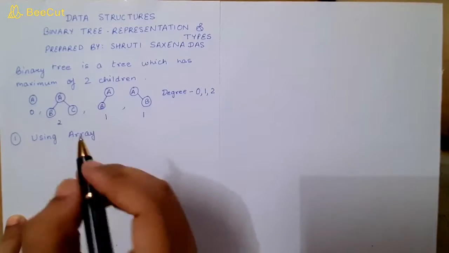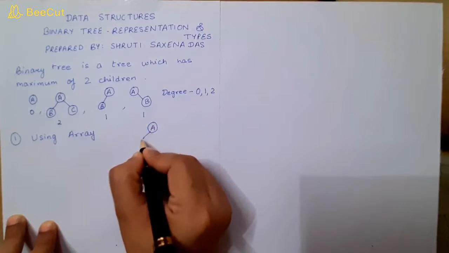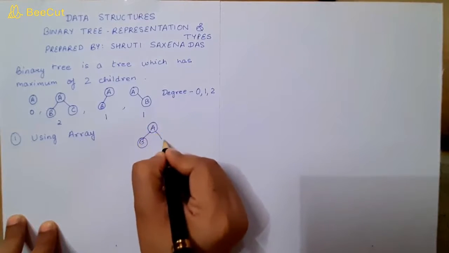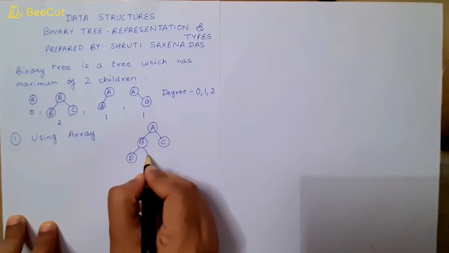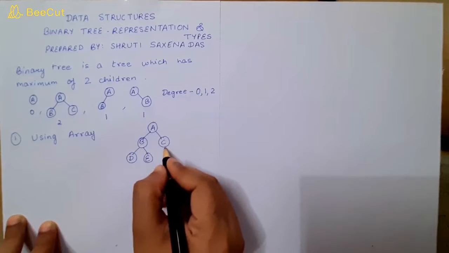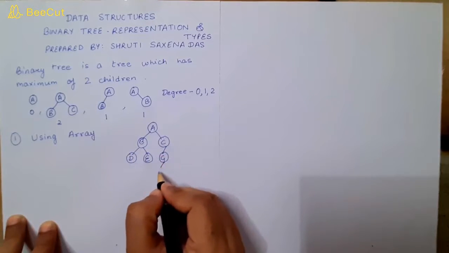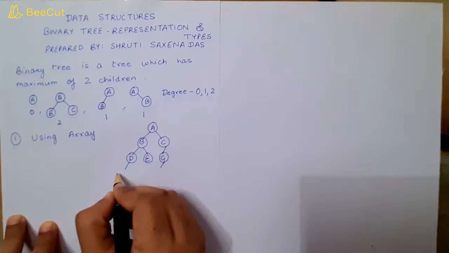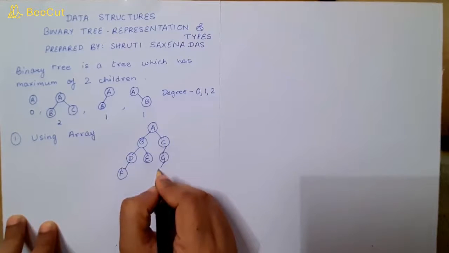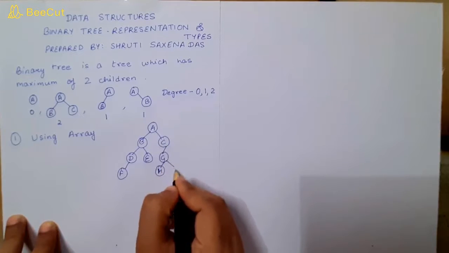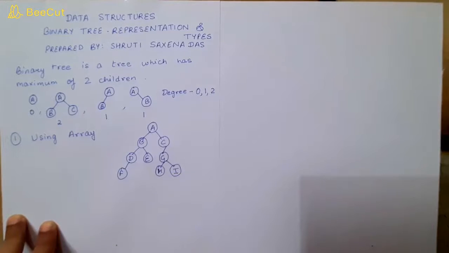Now suppose you have a tree like this: A, then you have B, C, then D, E as 2 children for B, then for C suppose you have 1 child G, for D you have 1 child F, and for G suppose you have 2 children. Suppose you have a tree like this.